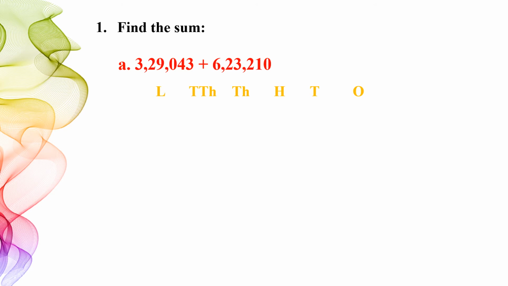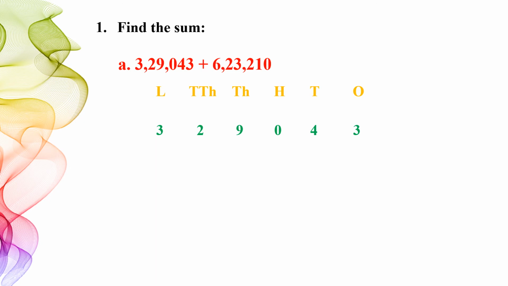The first number is 3,29,043. Write the values from the ones digit. In ones digit we have 3. In tens digit we have 4. In hundreds digit we have 0. In thousands digit we have 9. In 10,000 we have 2. In lakhs we have 3.